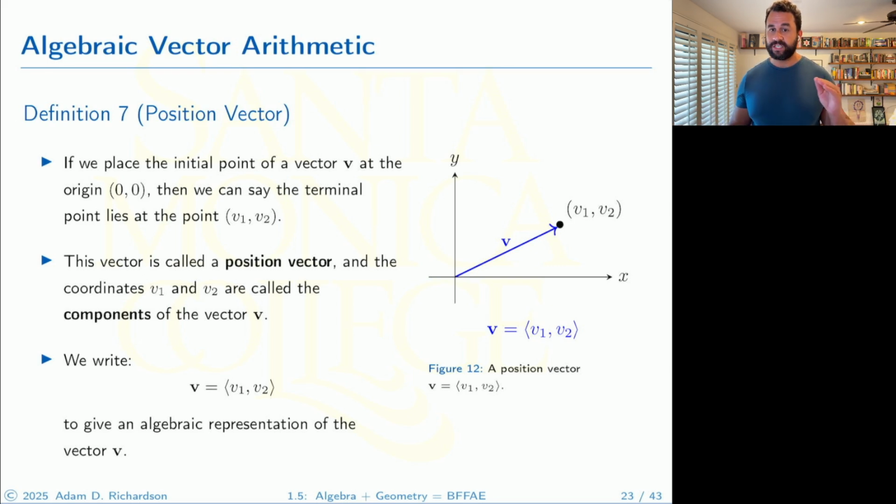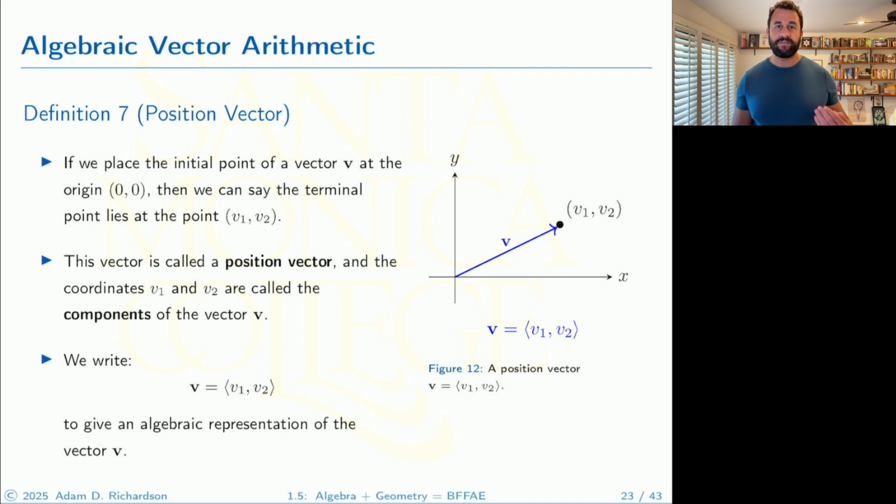So first we need to talk about what's called a position vector. If we have a vector v and we place the initial point at the origin, then the terminal point lies here, and we could give that point the coordinates v1, v2, where v1 and v2 are called the components of the vector.